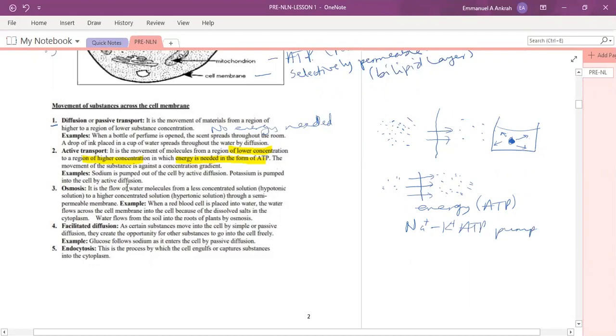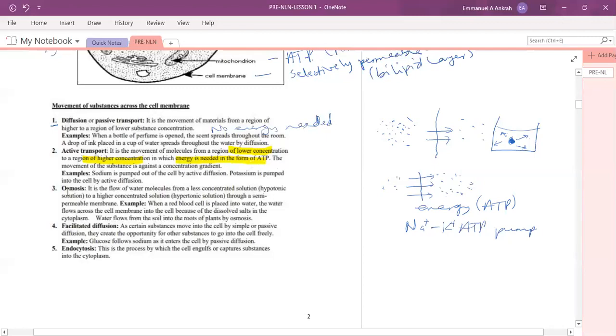So sodium is pumped out of the cell by active transport, and the potassium is pumped back into the cell by active transport. After an impulse travels along, let's say, the axon of the neuron, right? The sodium has to pump back outside, and the potassium has to pump back in. And this needs energy to do that. And that's a form of active transport. Okay. So remember, active transport, energy is needed.